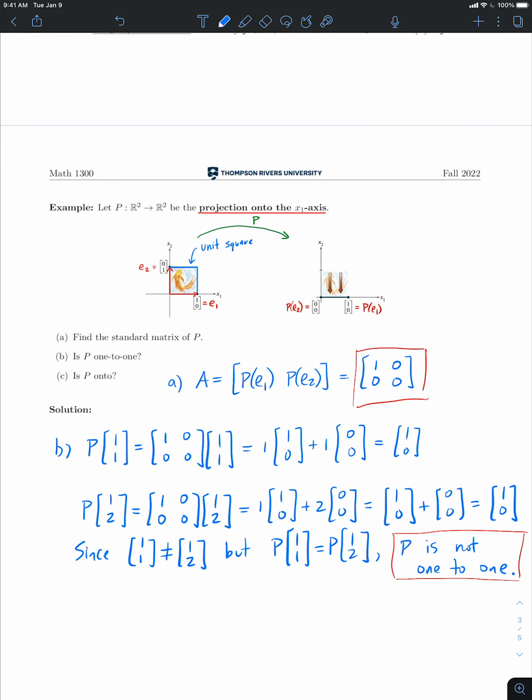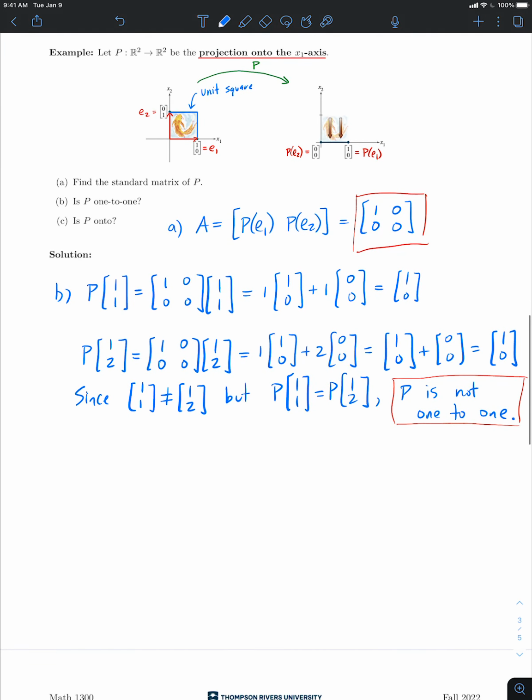So let's be concrete here. Let's come up with a specific point that's not in the range of P. That's what we're really talking about here. We want to find a point in the codomain R2 that's not in the range of P. So let's take y equal to, how about the vector (1, 1)?